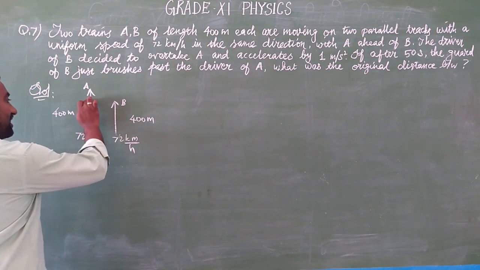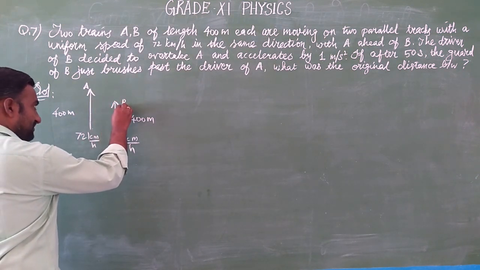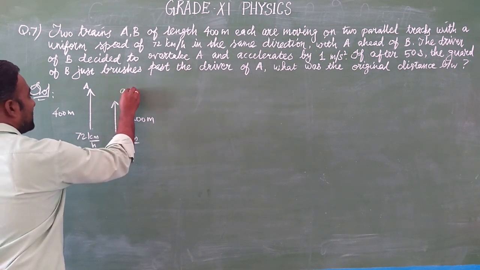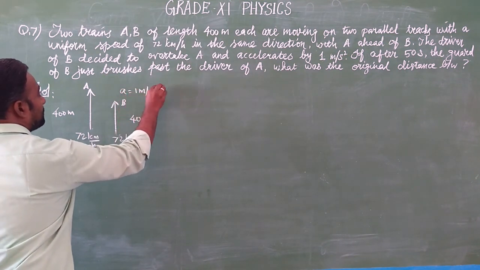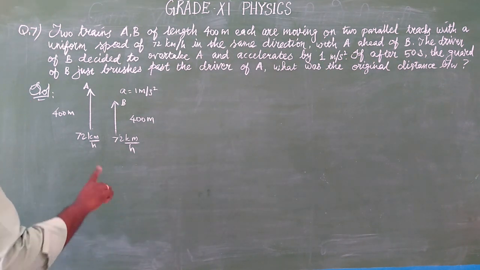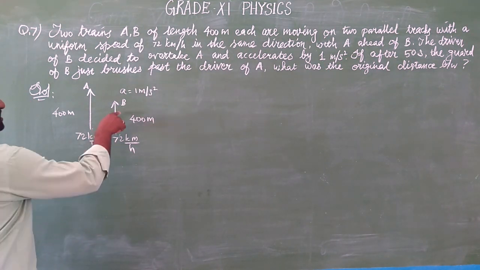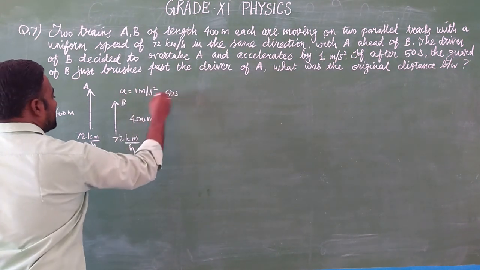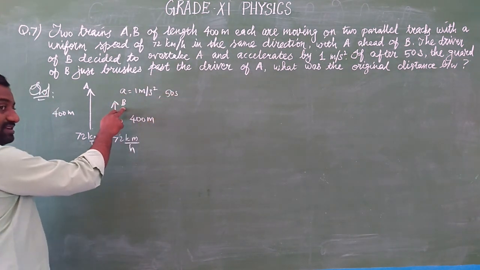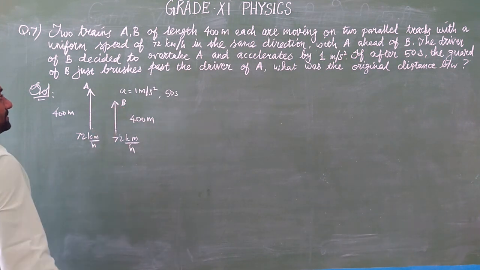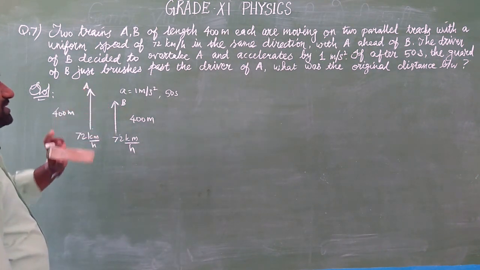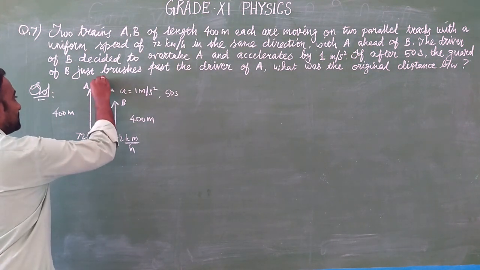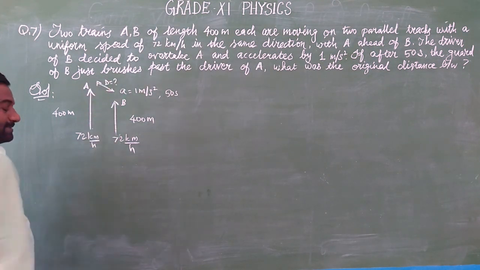So A is ahead of B, but driver B wants to overtake A, so he applies an acceleration of 1 meter per second squared. If after 50 seconds the guard of B just brushes past the driver of A, in that case, what was the original distance between the two trains?